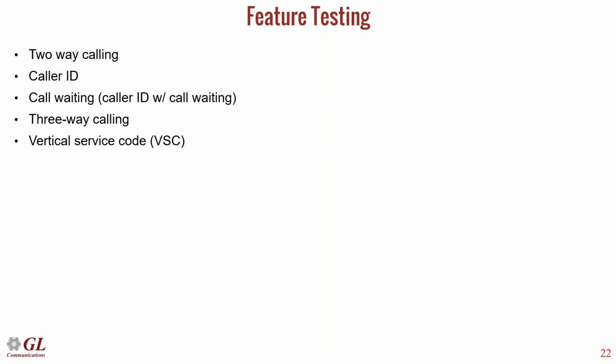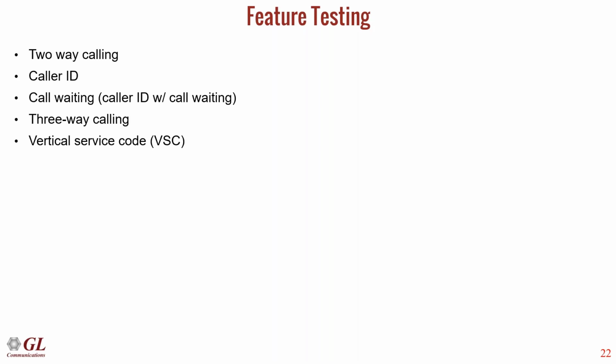So we can detect and decode the caller ID that is coming during the incoming call between rings 1 and 2. So we'll detect the FSK, decode it, and then we can determine what that caller ID is. We can also detect the FSK during a call, so it's call waiting with caller ID, so we can determine if there was call waiting, and then also show what the caller ID was in that respect.